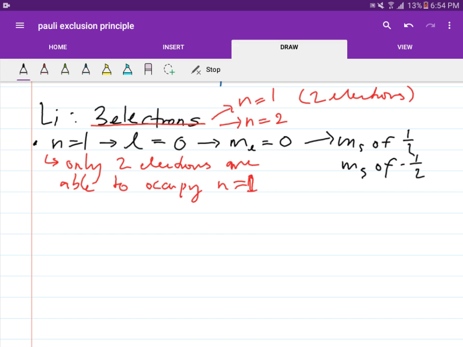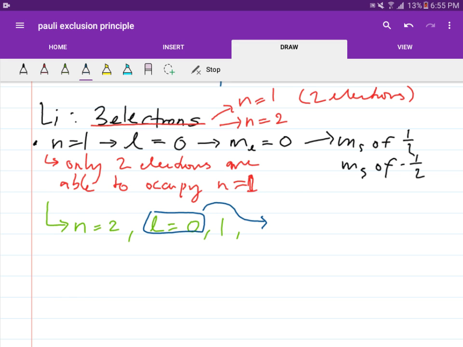The remaining electron for lithium will be at n equals 2. For n equals 2, we have l equals 0 and 1, and we will be choosing l equals 0.